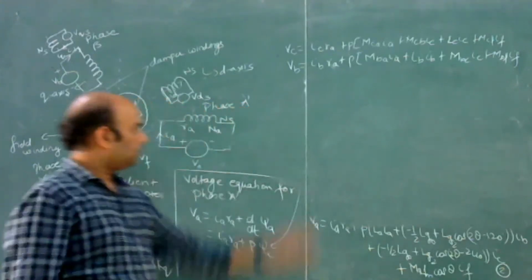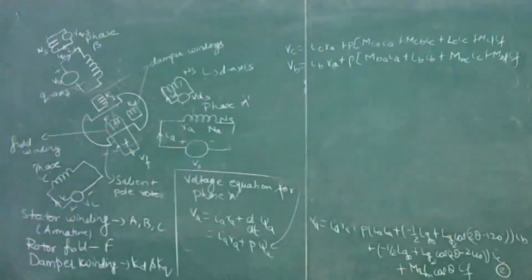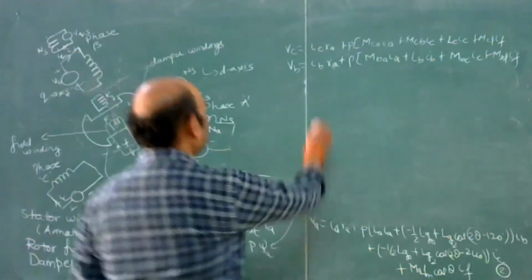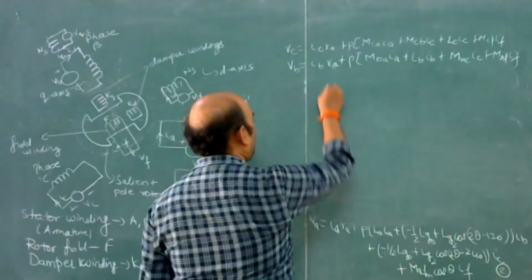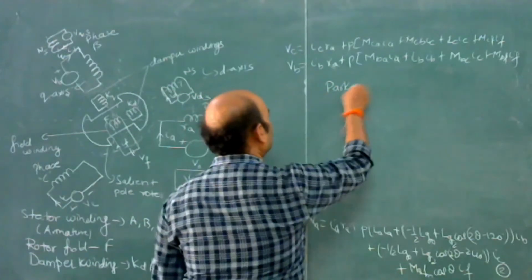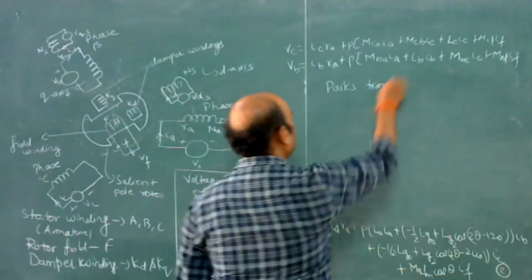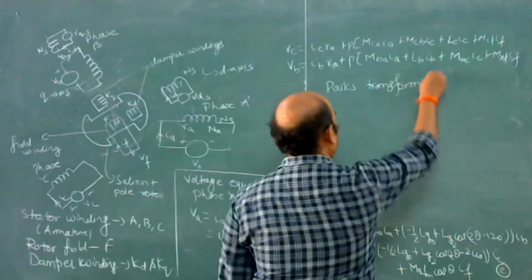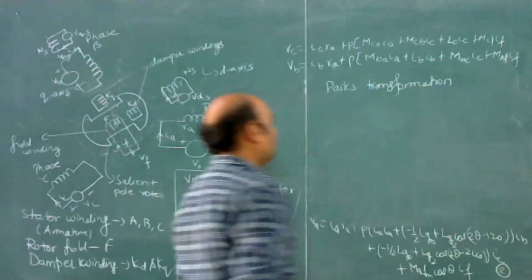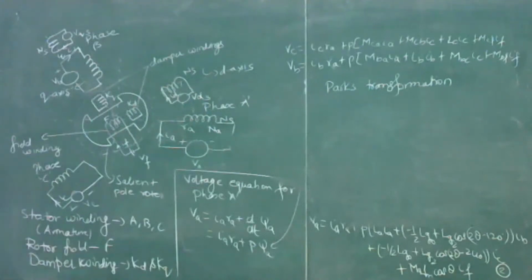They will give the same results using these DQ variables. So we generally use this transformation, or rotor reference frame.